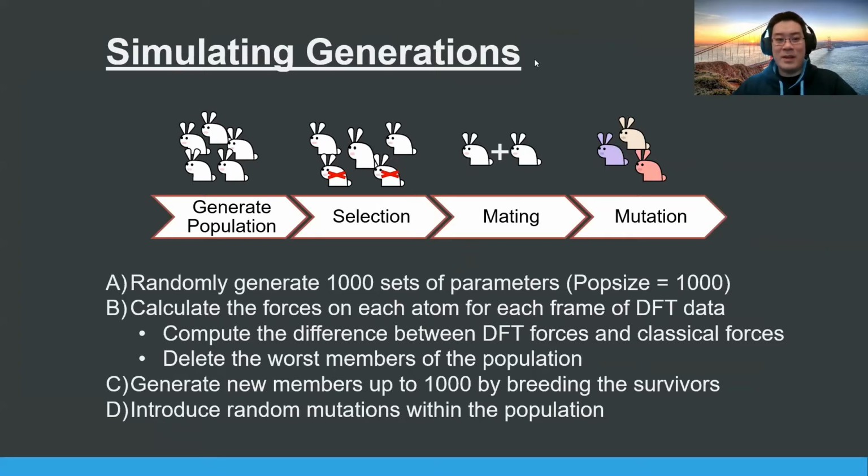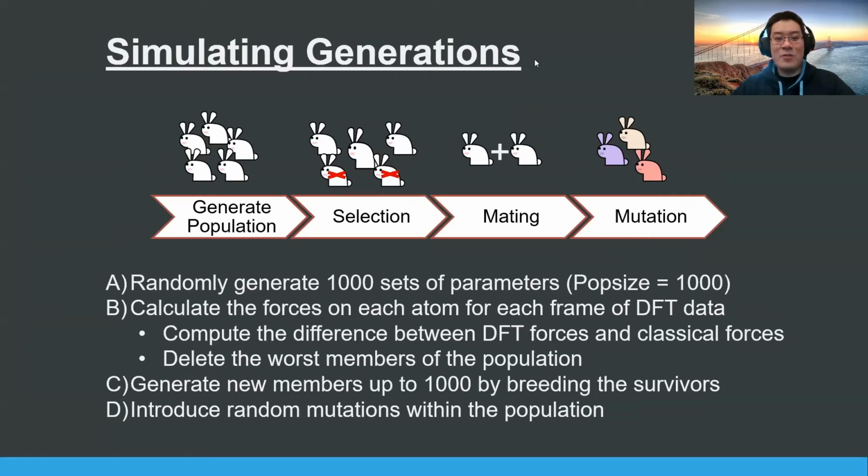So an example here is if you randomly generate 1,000 sets of parameters, so a population size of 1,000, you can then calculate the forces on each atom for every frame of the DFT data and compute all of the differences between DFT forces and the classical forces predicted by your parameters and delete the worst members of the population.